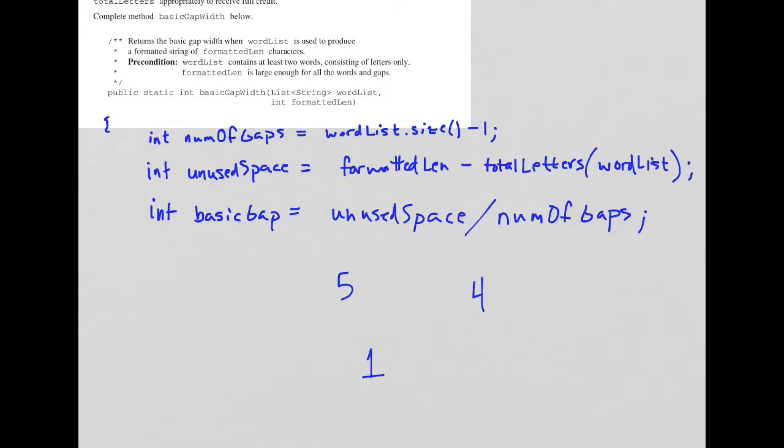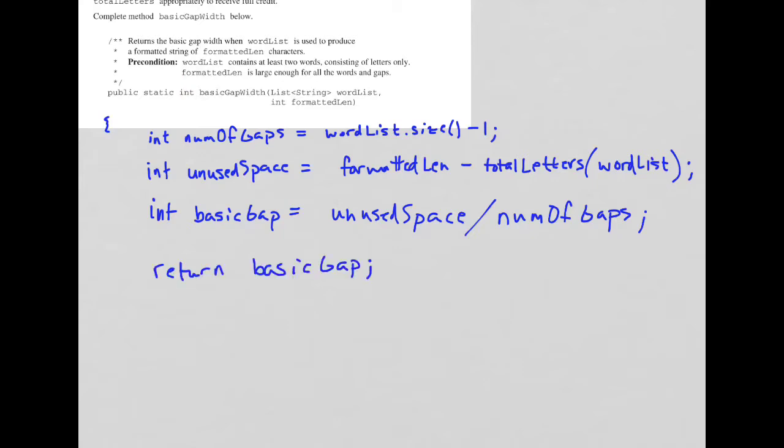But the basic gap is using integer division, so I truncate. So I don't round at all. I want it to truncate, because all of them have a basic gap, and then maybe some to the left have more than the last couple. So basic gap is unused space divided by number of gaps, and then I need to return an integer, which is basic gap.